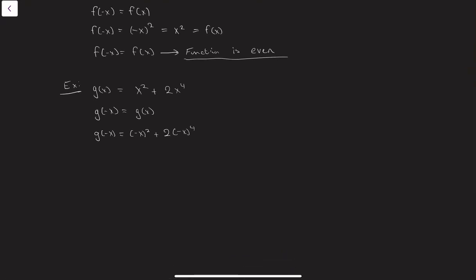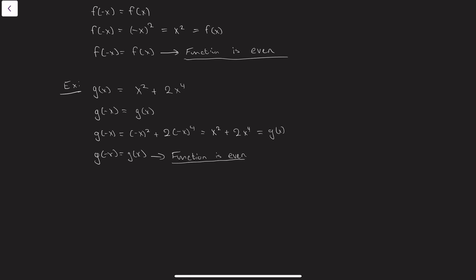Great. We can simplify this to be x squared plus 2x to the 4, which is simply equal to g of x. Again, since g of negative x is equal to g of x is true, we can say that the function is even.